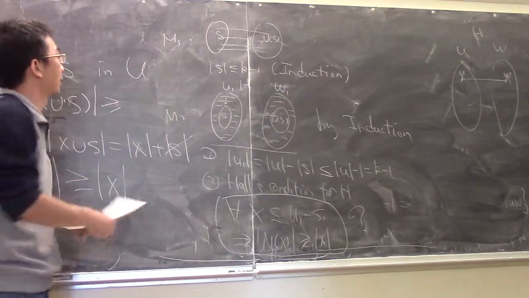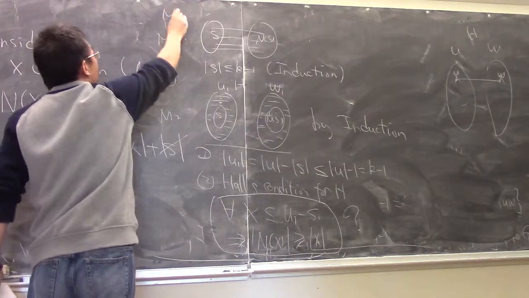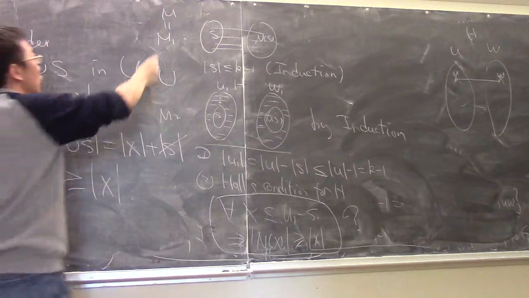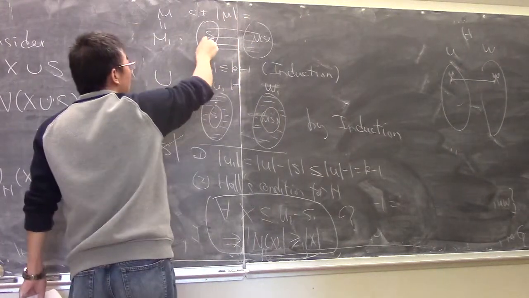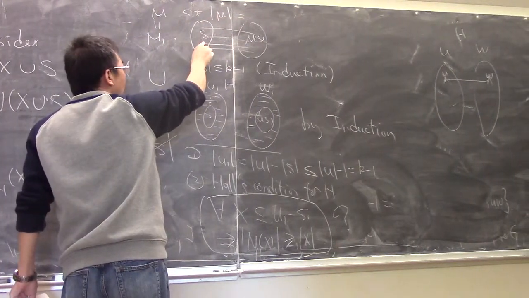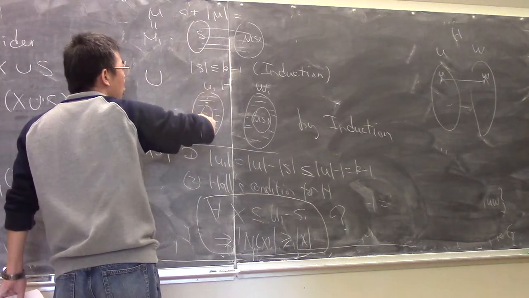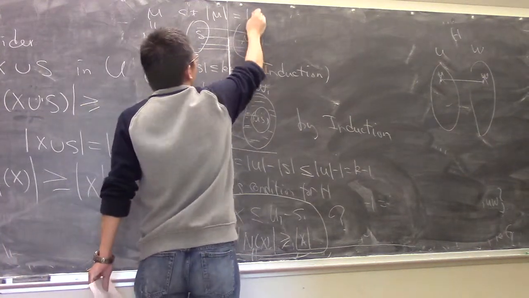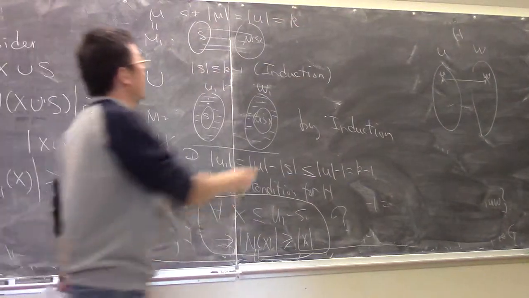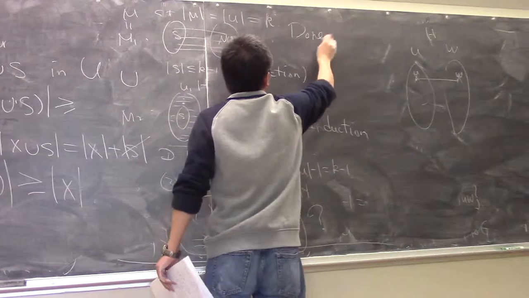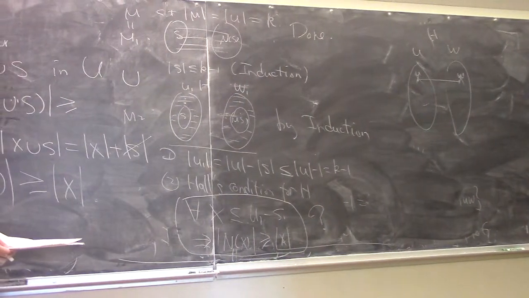So taking the union of M1 and M2, you are able to obtain M such that the cardinality of M is exactly equal to S plus U minus S. That's exactly equal to the cardinality of U, which is equal to k. Right? So you are done. So that's how we are able to prove this result.